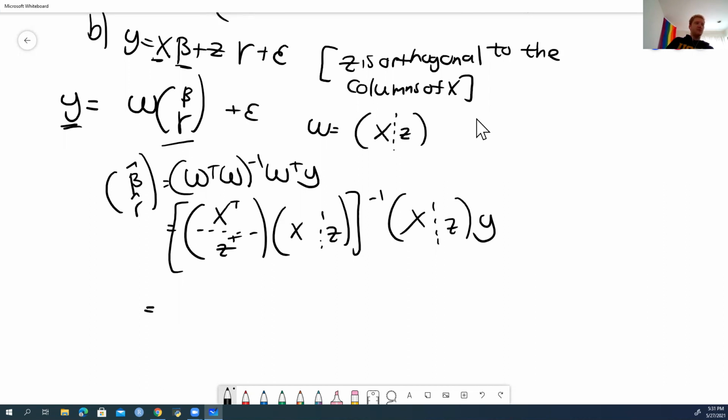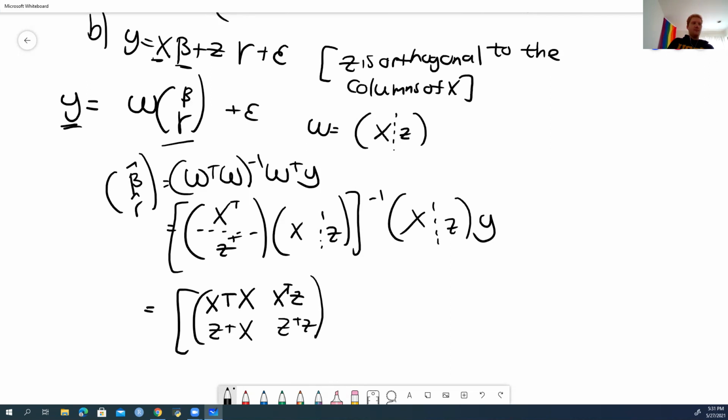This top left term is going to be X transpose X. The next term is going to be X transpose Z. This term is going to be Z transpose X. And this term is going to be just Z transpose Z.